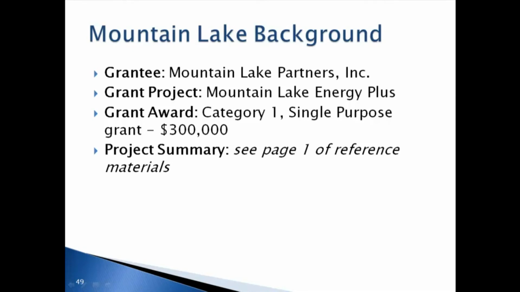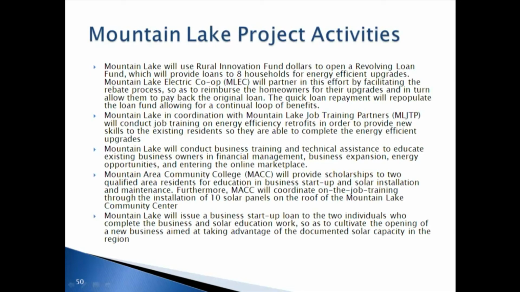To give an idea of the projects that are going to be handled by Mountain Lake under this fictional grant, Mountain Lake is going to be doing housing rehab, which will come out of a revolving loan fund.